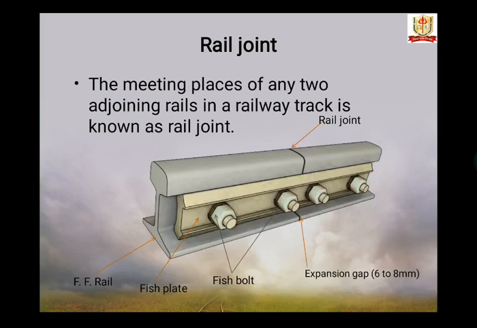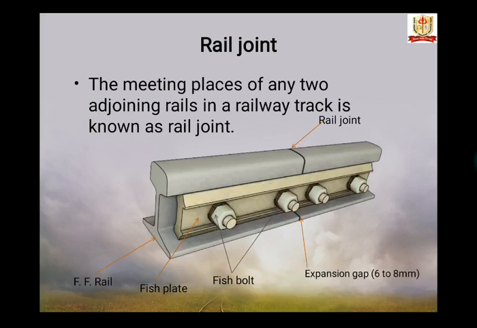So the definition of rail joint is the meeting places of any two adjoining rails in a railway track. It is impossible to construct a track without rail joints because the rails are manufactured in such a length that it should be economical in every respect.